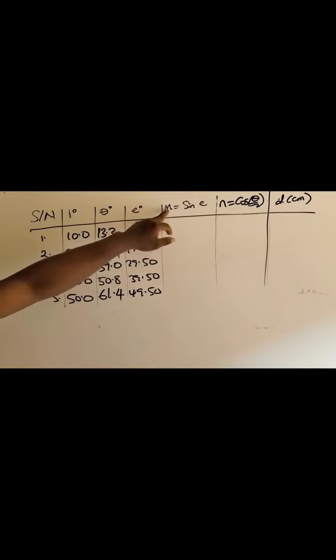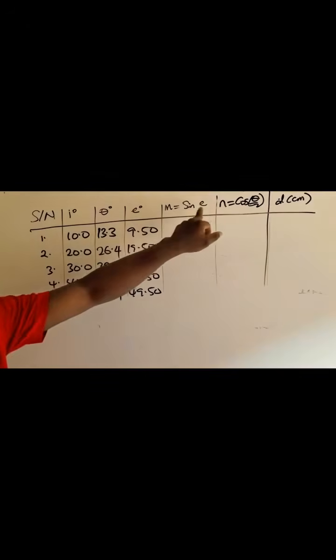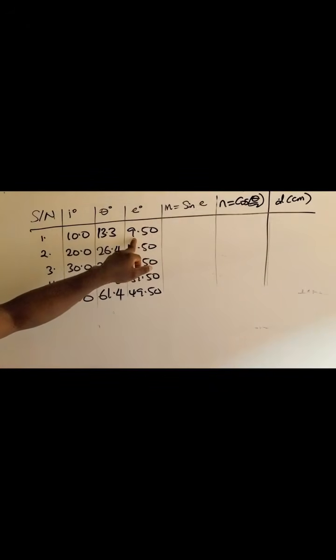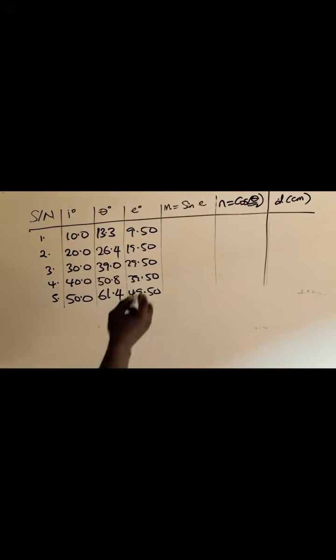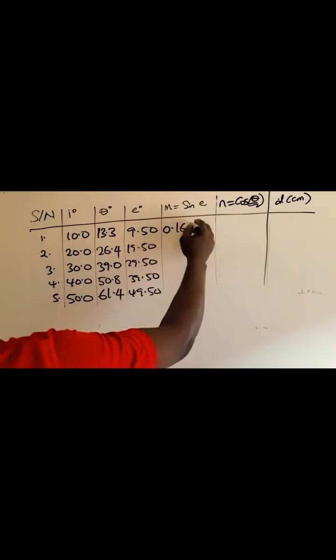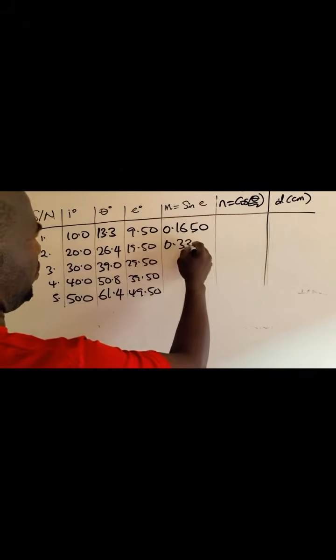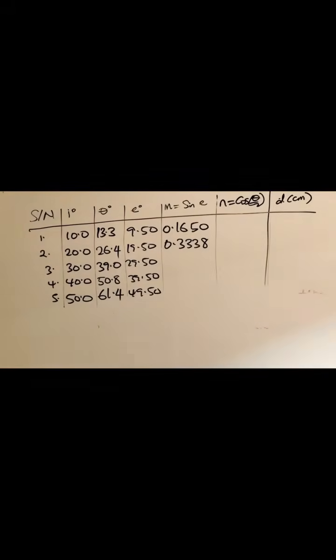Now we find sine E. This is an evaluation we're asked to do, so we're not measuring these ones. You find sine of each of these angles of emergence. Sine of 9.5 will give us 0.1650, to 4 SF because you're working with a standard 4-figure table. Then sine of 19.5 gives us 0.3338.